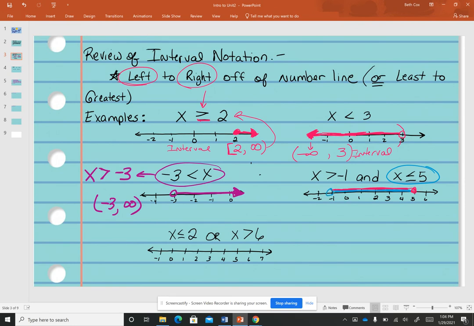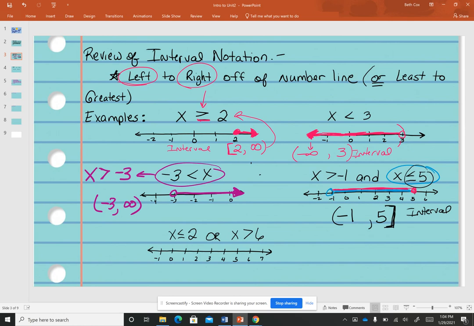So this is an in-between. So what this looks like would be from negative 1, left to right, to positive 5. There's an equals on the 5, so it gets a bracket. There's not an equal on the negative 1, so it gets a parentheses. This is interval notation. That means from negative 1 to positive 5, including positive 5.